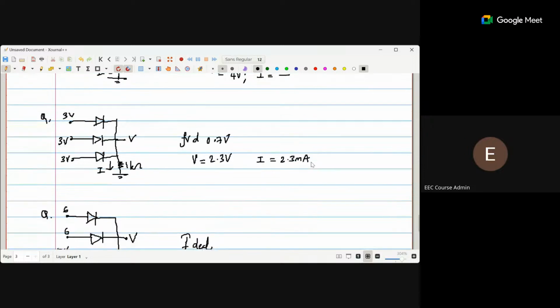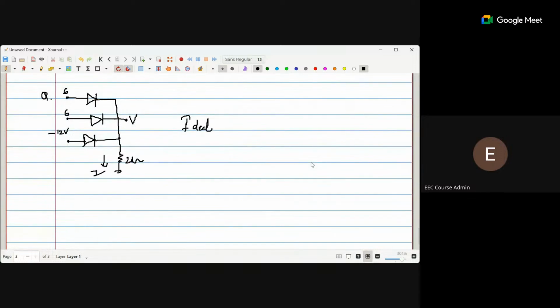Then 6 volt, 3 milliamps. Okay, maybe if D3 is reverse biased, correct.